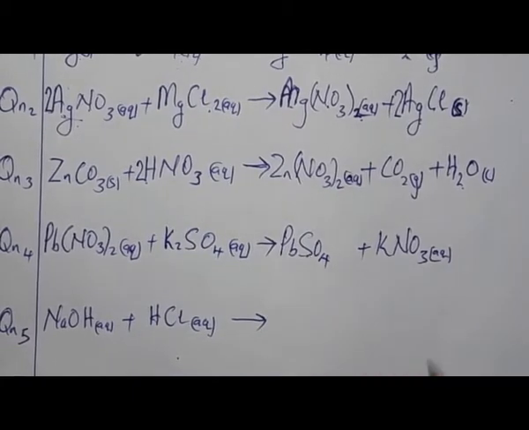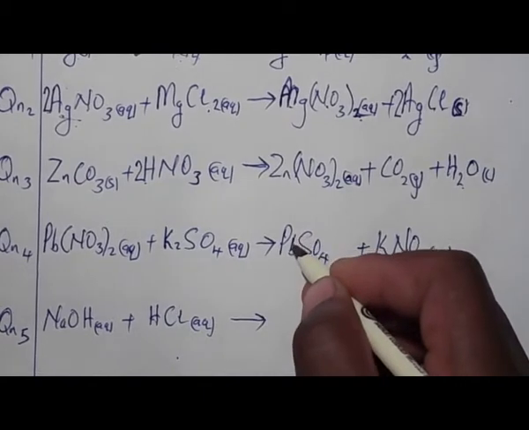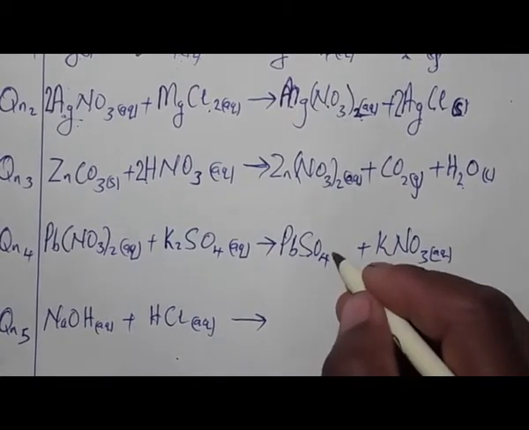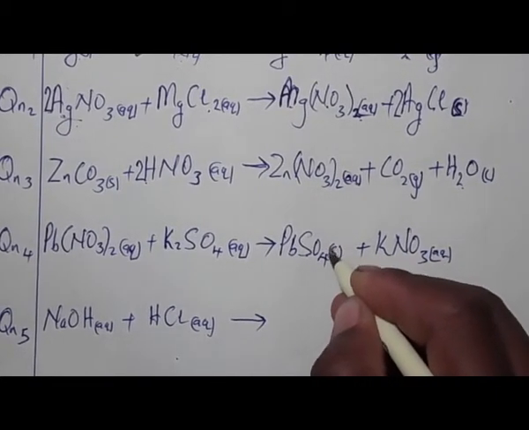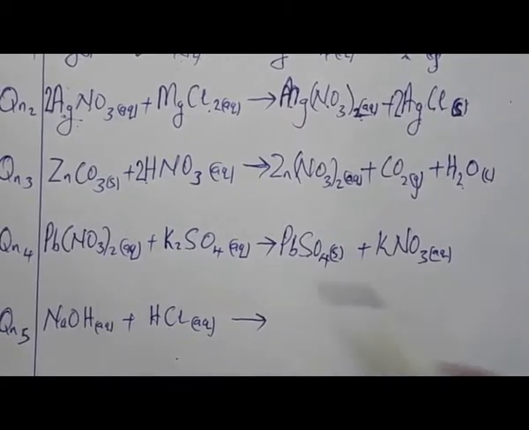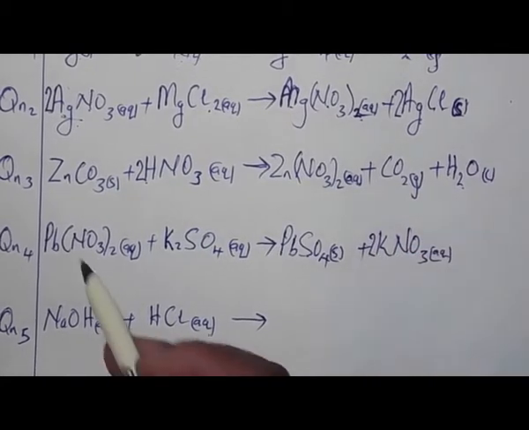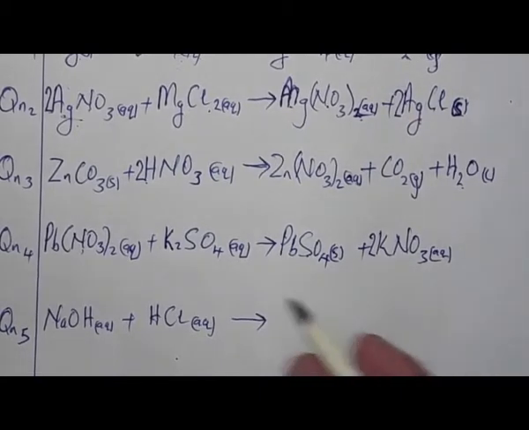All sulfates are soluble apart from those of lead, calcium, and barium, so this is a solid. Now, is our equation balanced? Look at it well. 2 potassium, 1. So we need 2 there. 2, 2. So our equation is well balanced.